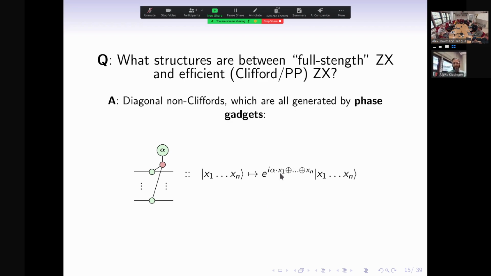If all of these bit strings sum to 1, I'll apply a phase, and if they sum to 0, I won't. So you can build a multi-controlled phase gate out of these things. In a more physics way of thinking about it, it's an e to the i alpha ZZZ Z gate, an exponentiated Z gate, an Ising interaction, I guess, is what physicists call these kinds of things.